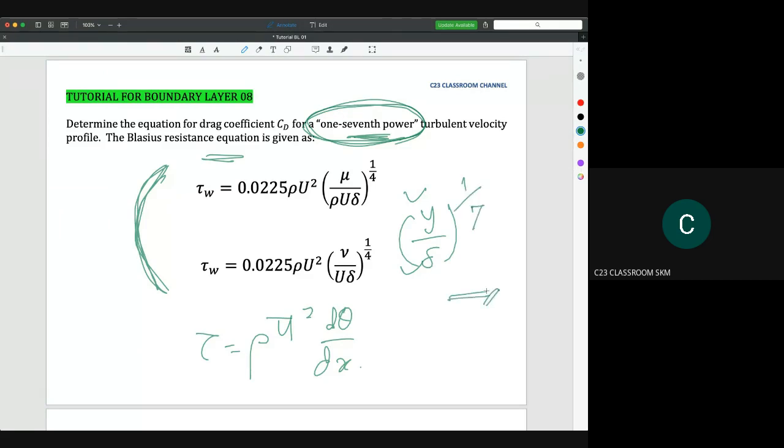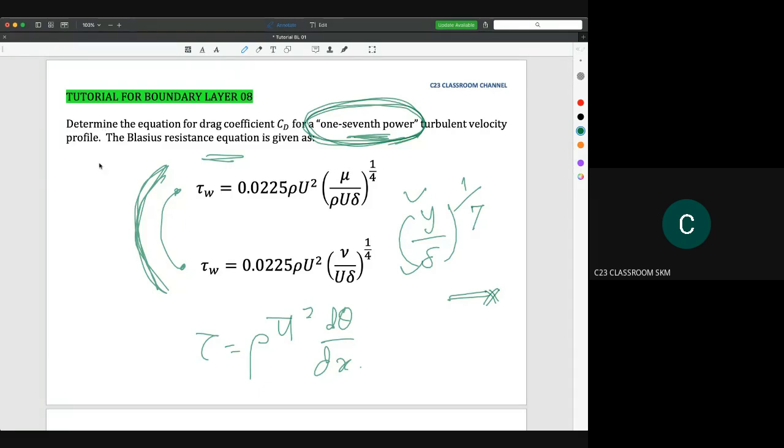If you don't know the velocity profile of the 1/7 power law, you cannot solve this problem. Sometimes there are students who equalize this value and this value because they have no idea how to start the calculation.